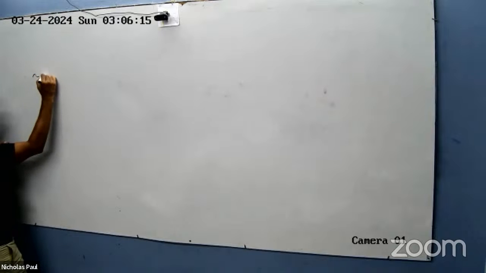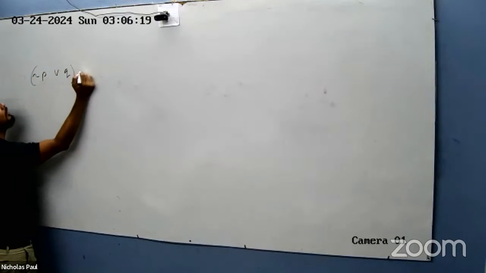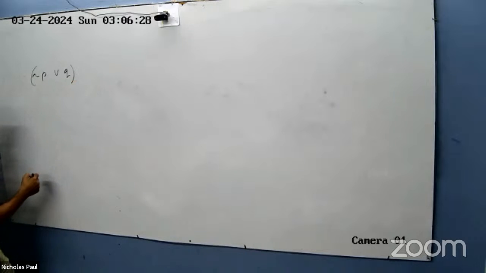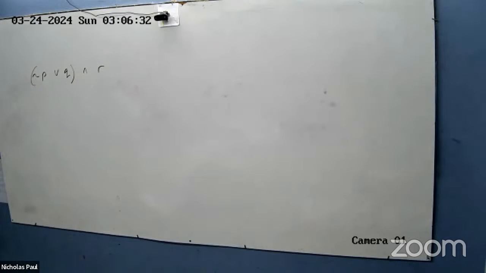Let's say we have the negation of P or Q, and R. And I want to draw this switching circuit here.